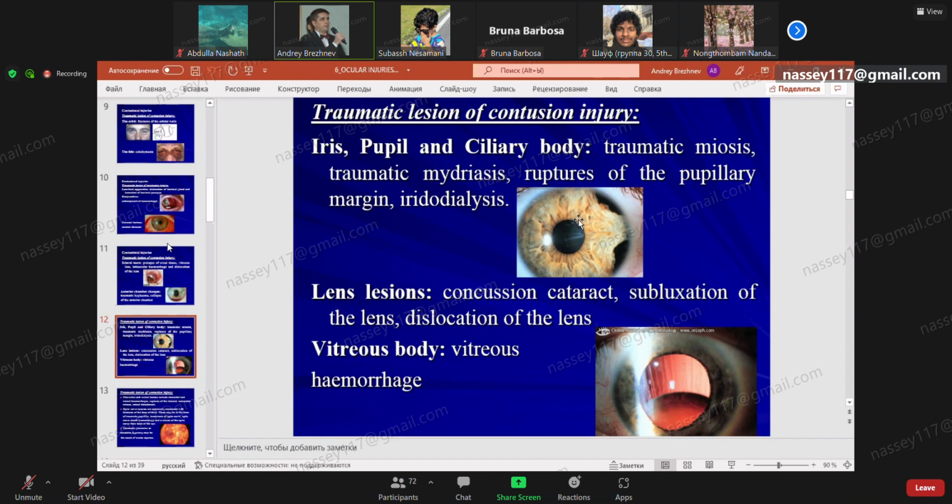Normally, it's a round form, but sometimes it may be oval or irregular due to ruptures of the sphincter of the pupil, the muscle located around the margin of the pupil.